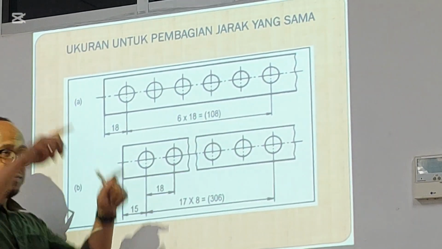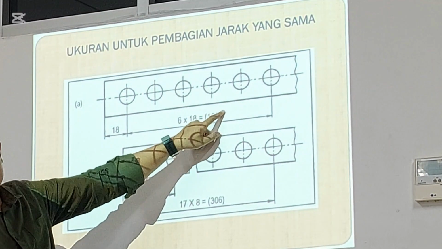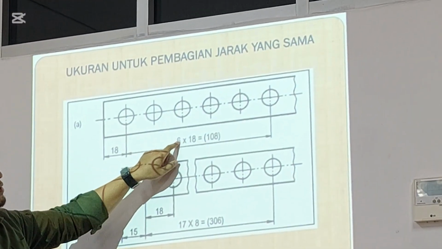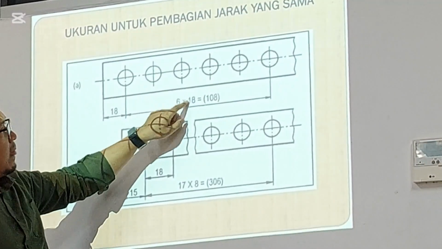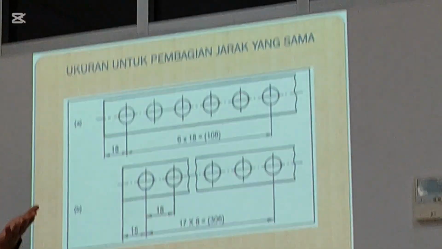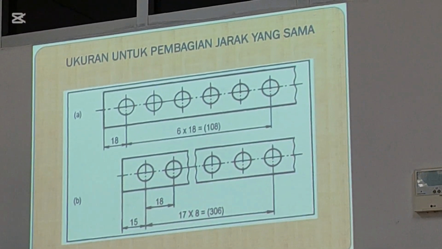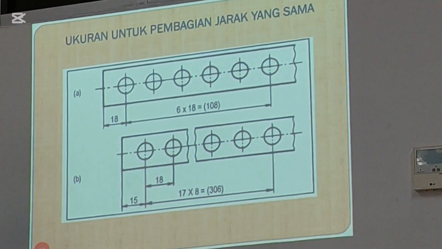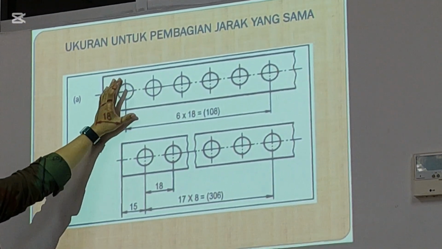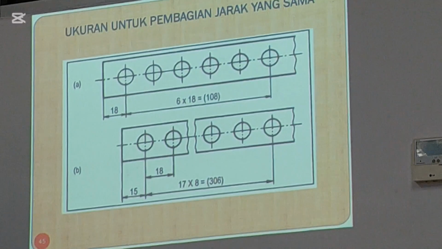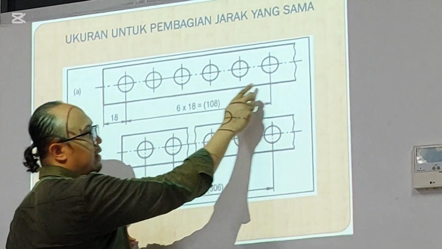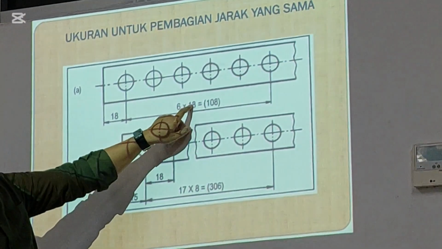And please give this symbol. It has a meaning. It means that 6 is 6 holes, 18 is the distance. But sometimes, if you give your drawing to someone to make this design, for example in the workshop, in the real case the distance between one circle and the other circle is sometimes not 6 multiplied by 18.